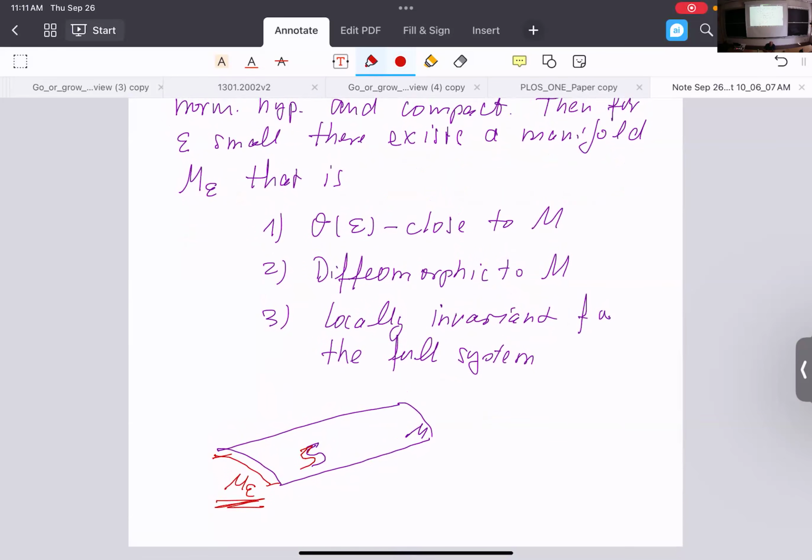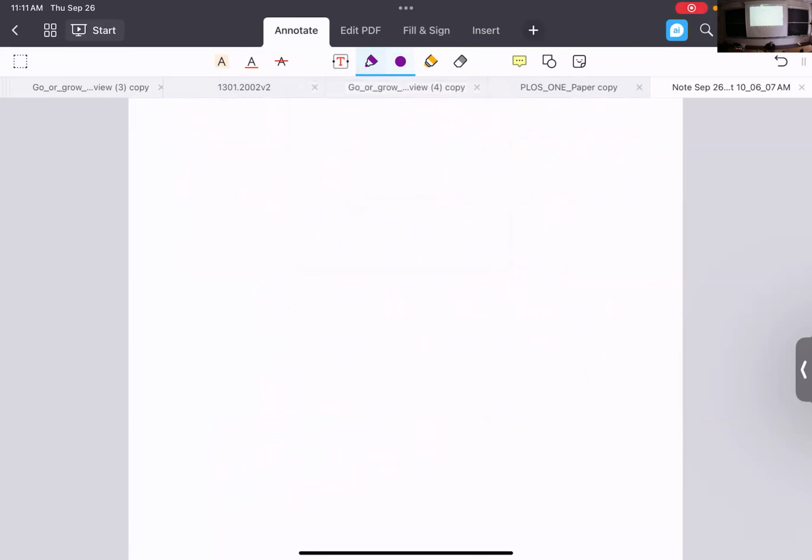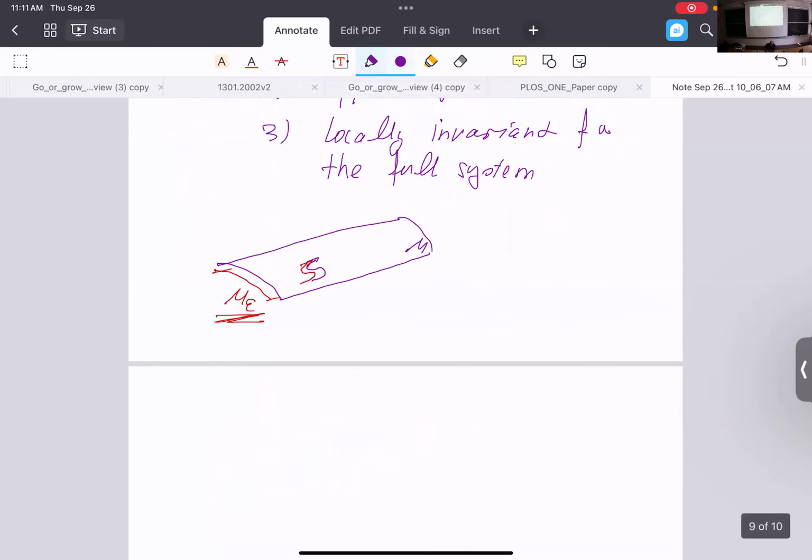Okay, and then there's a second part, Fenichel 2. This talks about stable and unstable manifolds.